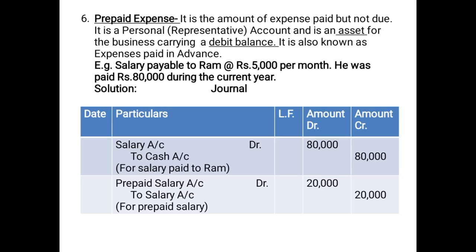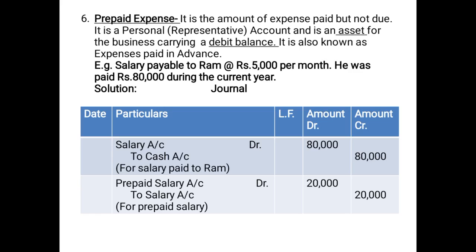Moving ahead towards another special transaction, that is prepaid expenses. Prepaid expenses are those expenses which have been paid in advance. That means it has not fallen due, but it has been paid in advance. For example, suppose you pay the fee of the fourth quarter at the time of the third quarter along with it, then the fee of the fourth quarter will be a prepaid expense.